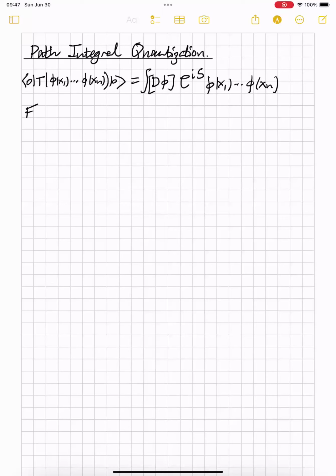Well, I'm sure one of the things that you'll mention is this is a calculation that takes place in Fock space, the direct sum of Hilbert spaces with fixed number of particles. And we build the state by acting with creation operators on the vacuum. I think you'll also tell me that phi of x is an operator.